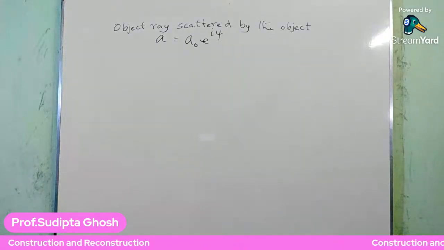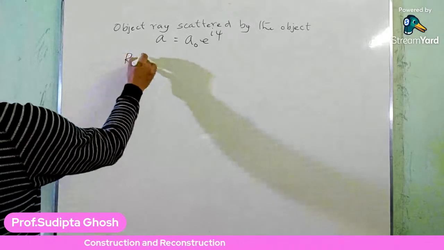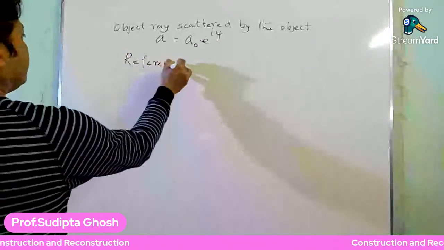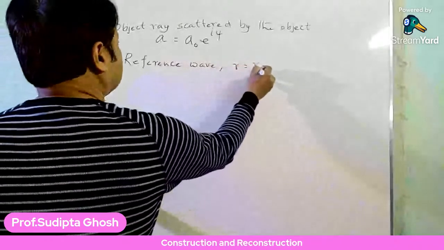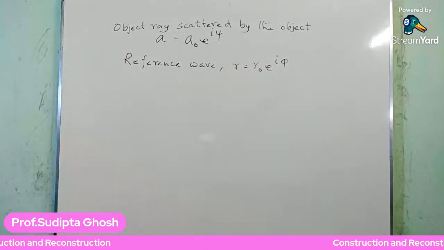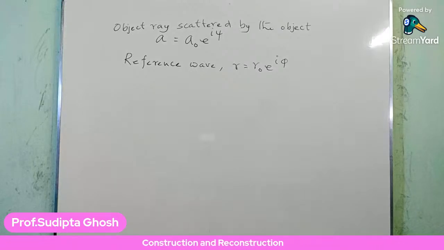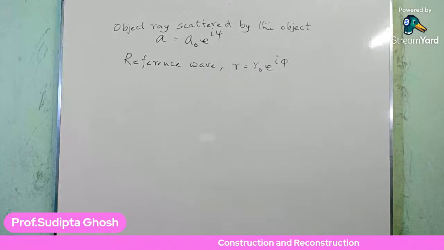And now we have to take into account the reference wave. Let the reference wave be r = R0 e^(iφ). So these are the two rays. The first one is the light wave scattered by the object and striking the hologram, and the second equation represents the reference wave.